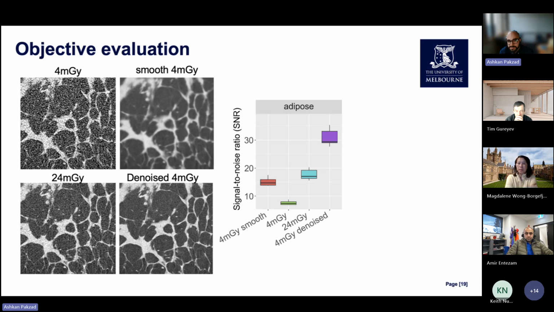So we have our 6 test images, and I've also included in this graph the smooth images, and we can see how the SNR has increased for denoising, and indeed what we'd expect is that a higher dose would also have a higher SNR. And so our denoising has improved, as it appears, even beyond that 24 milligray reference.